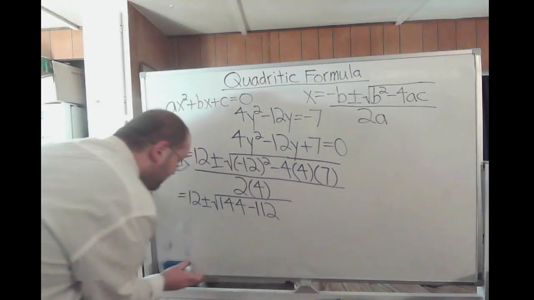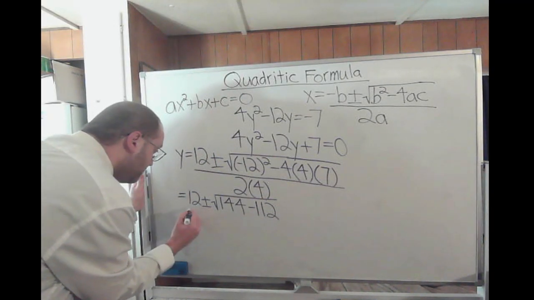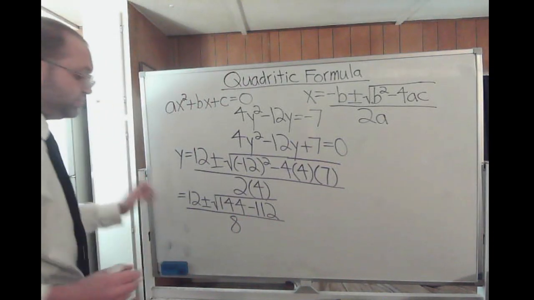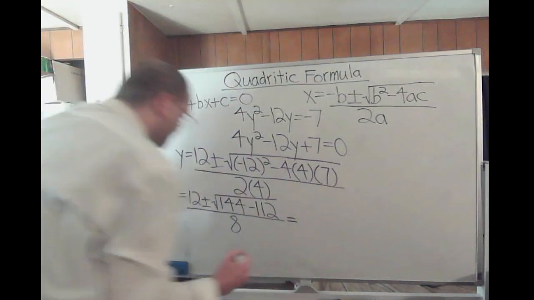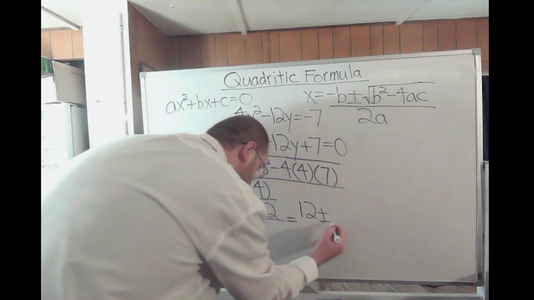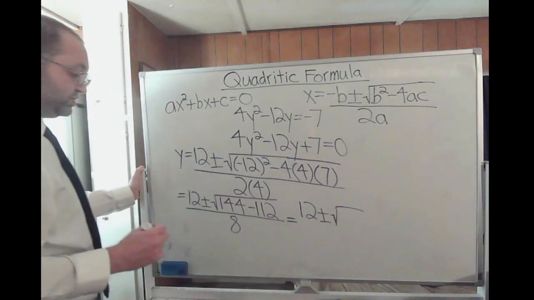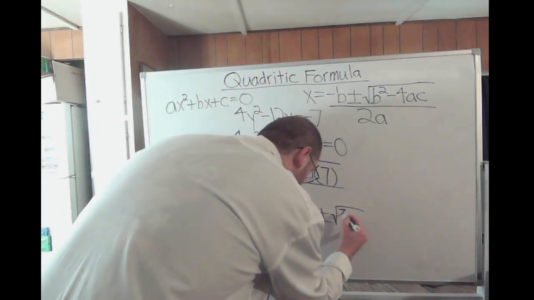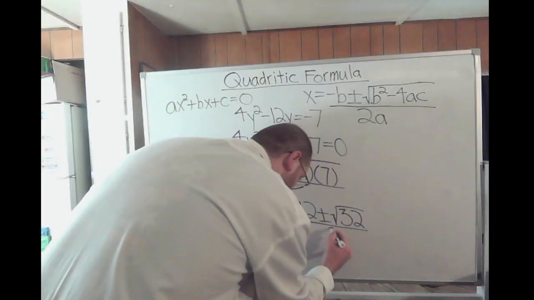So you would end up now with the square root of 144 minus 112 all over that 2 times 4, which is 8. So your denominator would have 8. Now we can simplify this further. This is going to be 12 plus and minus the square root of 144 minus 112, that's going to be 32. So you have 12 plus and minus the square root of 32 all over 8.